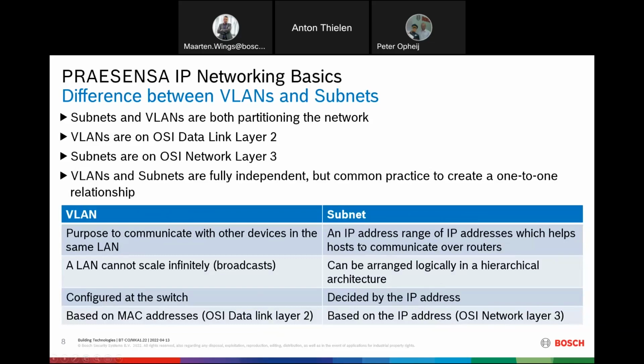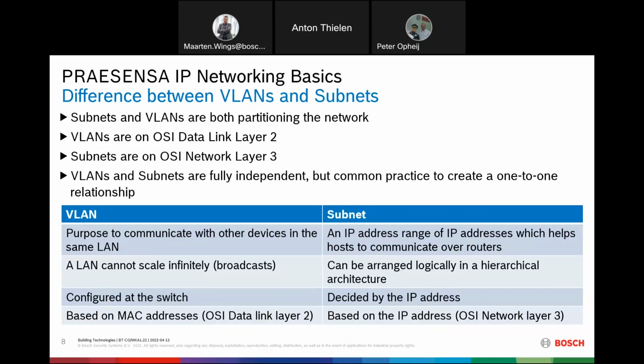Yeah, and a LAN cannot scale infinitely. Because of all the broadcasts I just told you about: when a frame arrives on the switch, then the switch doesn't know where it should go to. It just sends it to all. So if you have a lot of traffic going on here, and it will expand and expand, then you would also have a lot of traffic in that network.